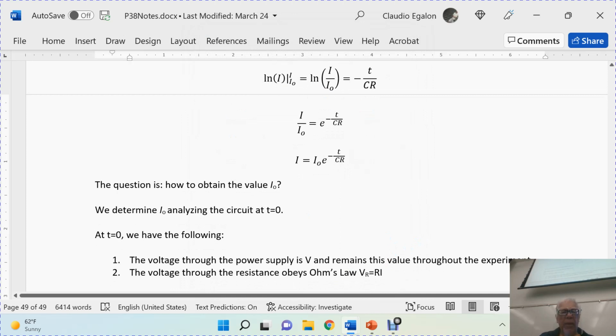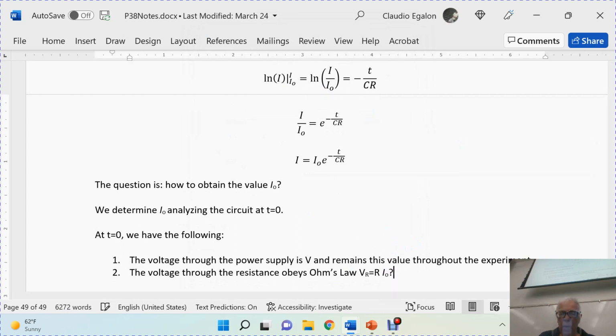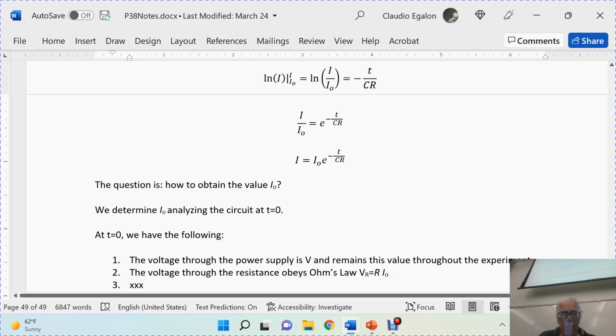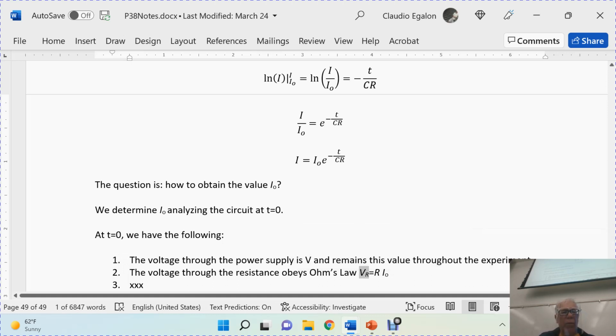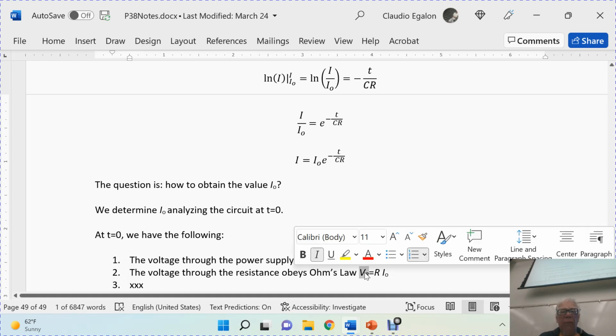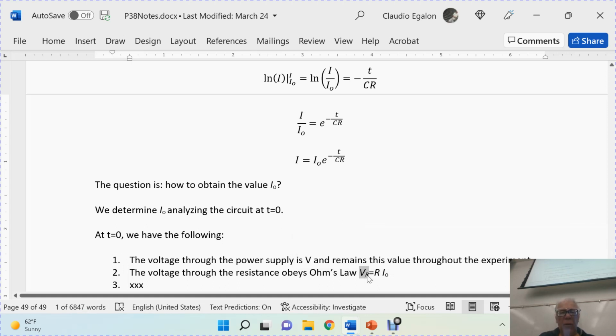Let me see if I can put I naught there. Yeah, here you go. I have I naught here. Like that. And then finally, don't forget, I'm talking about the voltage at time t equal to 0.